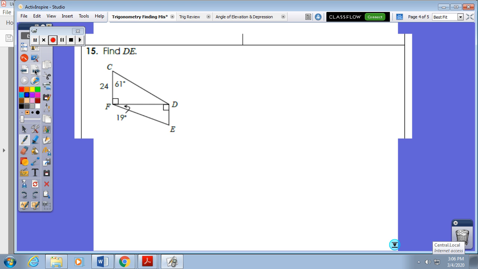So 15 has a couple of triangles built in together, so now you have to figure out where to start. Since we have this 24 out here, we're going to start there. Just going to make sure my SOHCAHTOA is on this page. Since it's in triangle CDF, I'm going to start here. This would be my opposite, adjacent, hypotenuse.